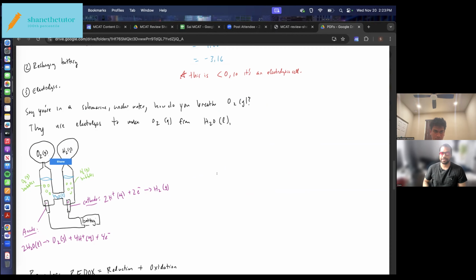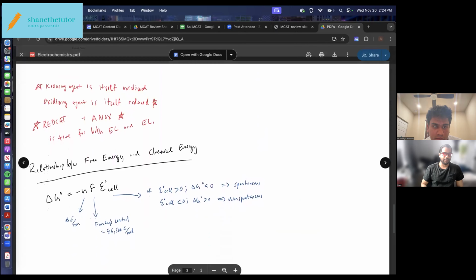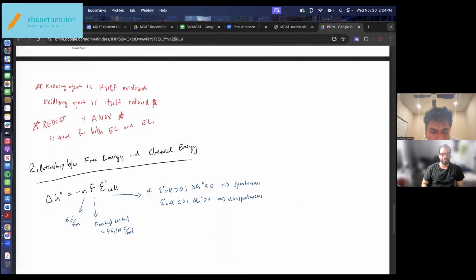So the key difference here is that it's running in reverse, basically, forced that way. And then this is where we get the free energy relationship.